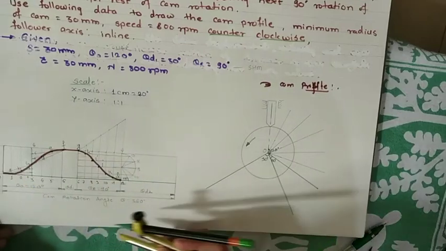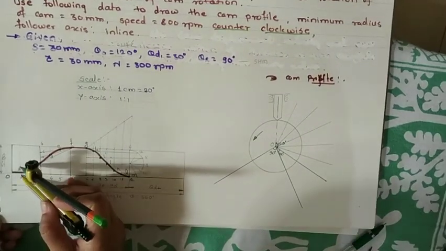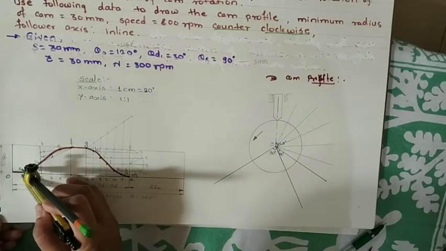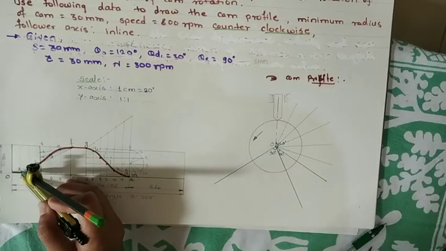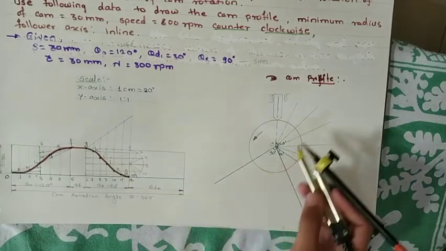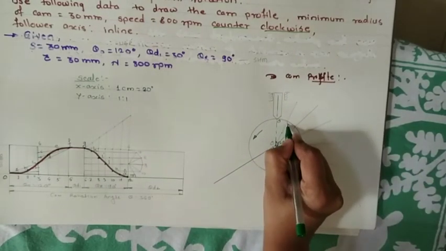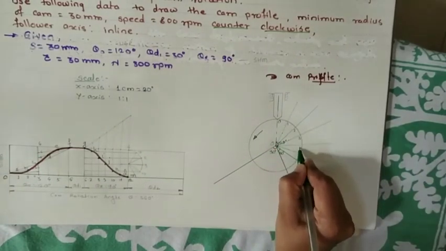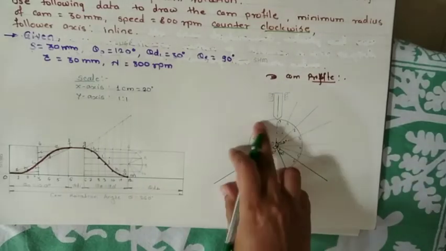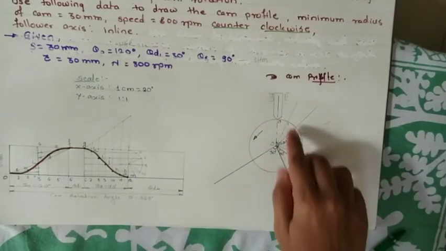Now take the distance of point A from the reference line on your displacement diagram. Firstly, let's give the numbers 4, 5, 6. Right here we have the 6th division.